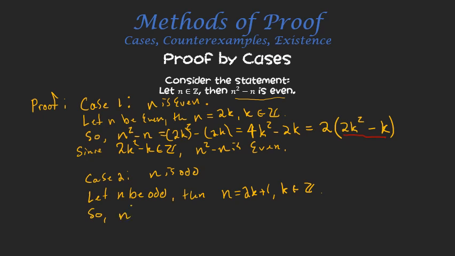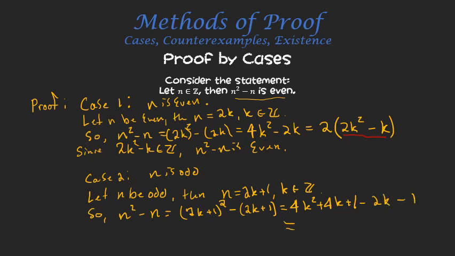So n squared minus n in this case would be (2k plus 1) squared minus (2k plus 1). And now we can expand this out and simplify. We get 4k squared plus 4k plus 1 minus 2k minus 1, which is simplifying now.